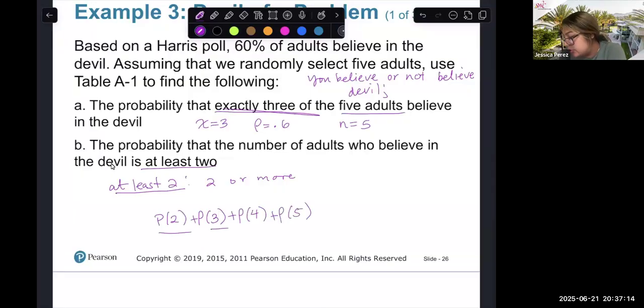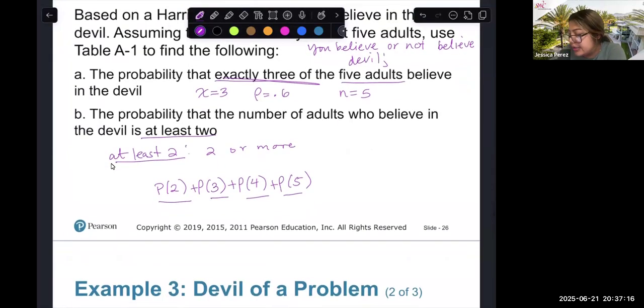You would have to do it multiple times. Or, since it's saying at least 2, you would do 1 minus the probability of 0 plus the probability of 1: the probability that no one believes in the devil, and the probability that 1 believes in the devil, because 2 or more will believe in the devil.